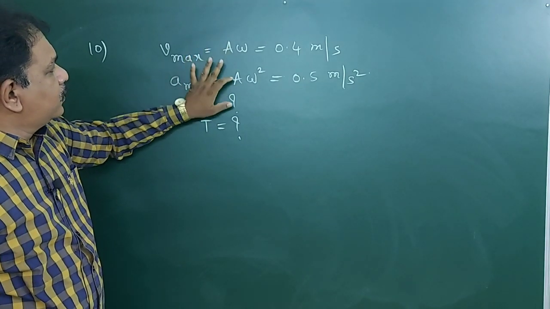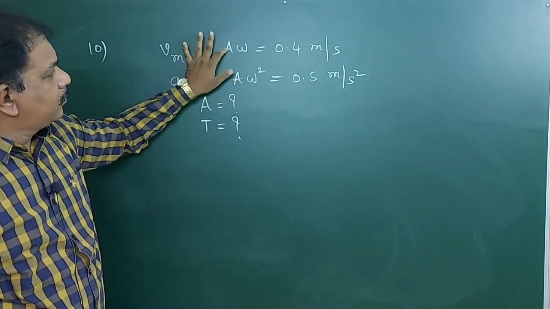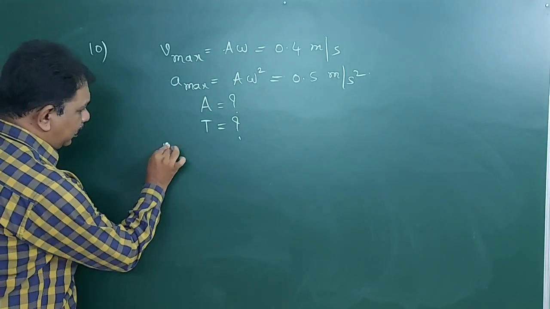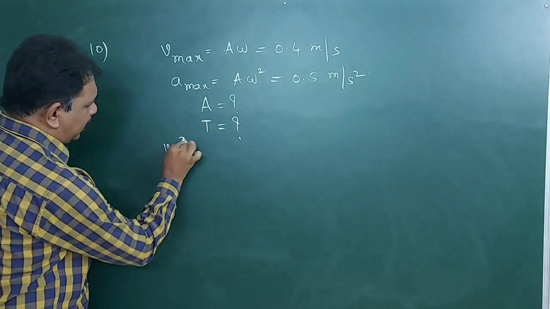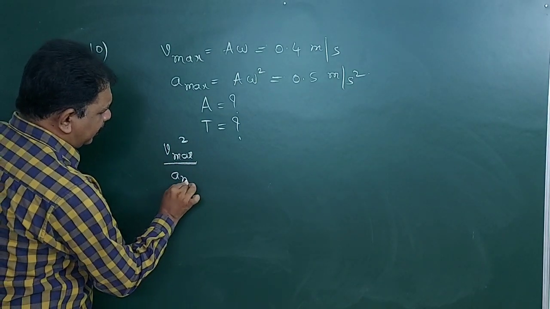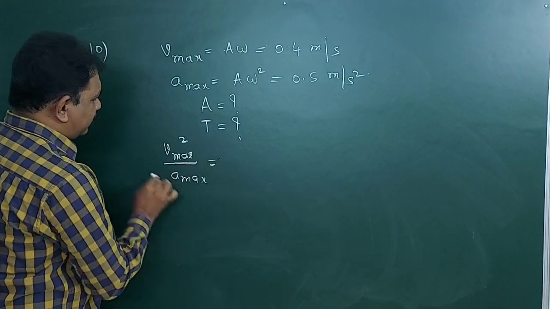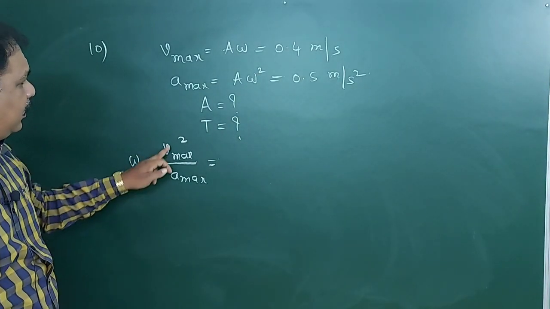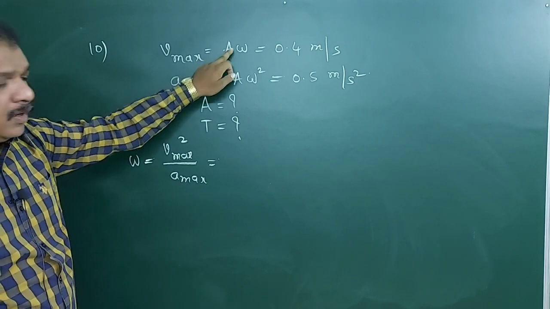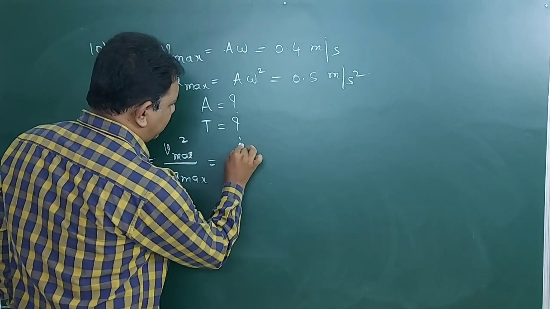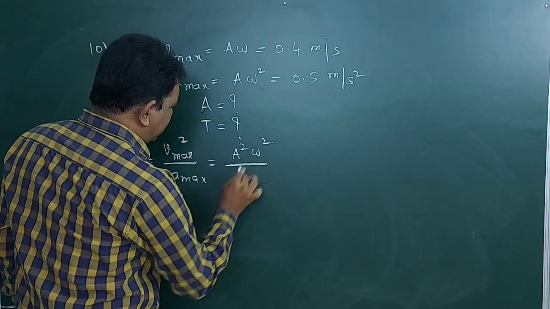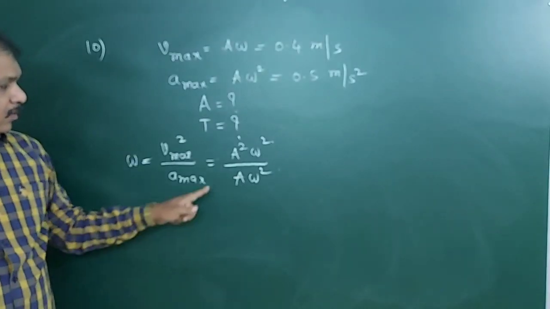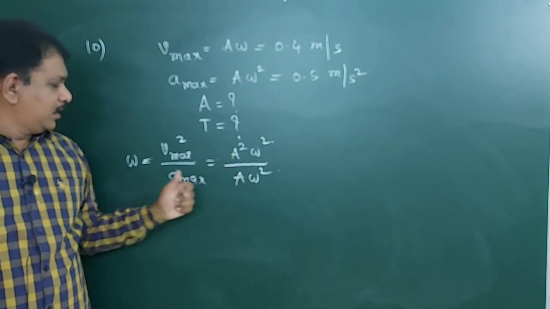If you square this one and divide with this, V max square by A max will be equal to A. Why is it? V max means A omega, whole square means A square omega square, by A omega square. So omega square cancels and A will come.